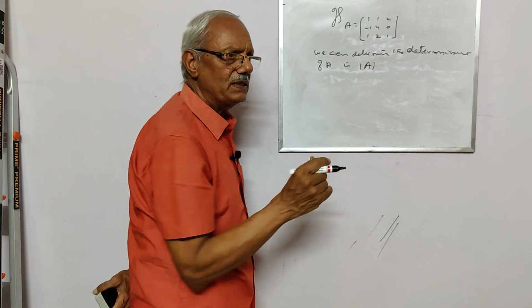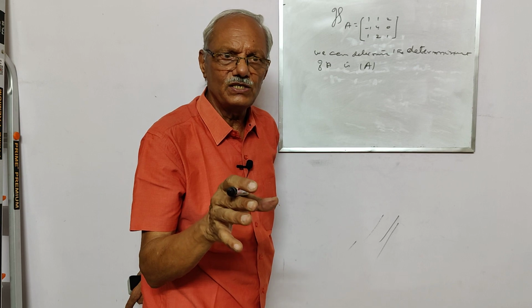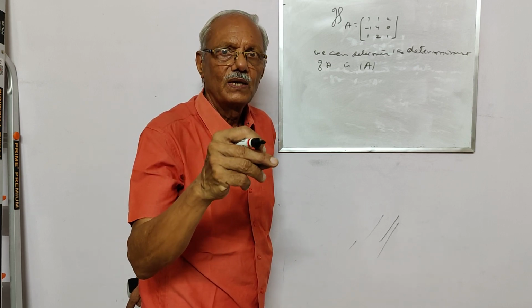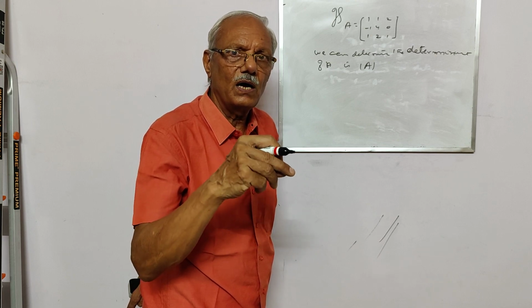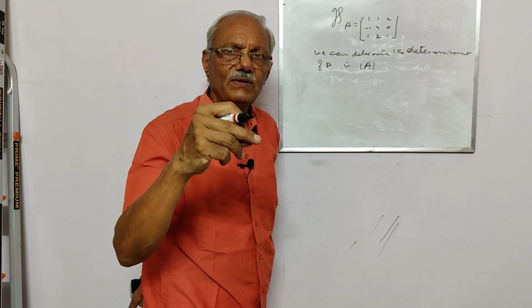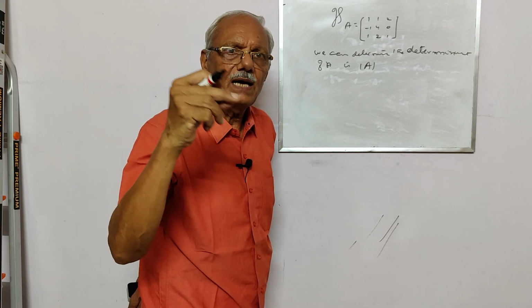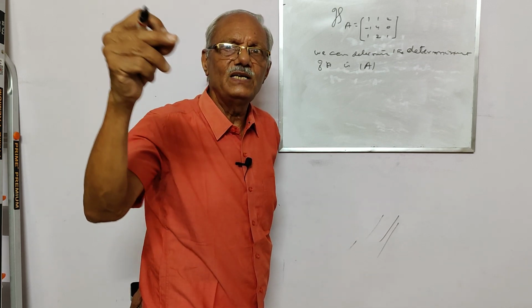See, the real method of doing it I can teach, but I will give you an example so that you can understand better. And if the theory is taught after that, your understanding will be better. So I will give you the example to understand how the determinant value is found.